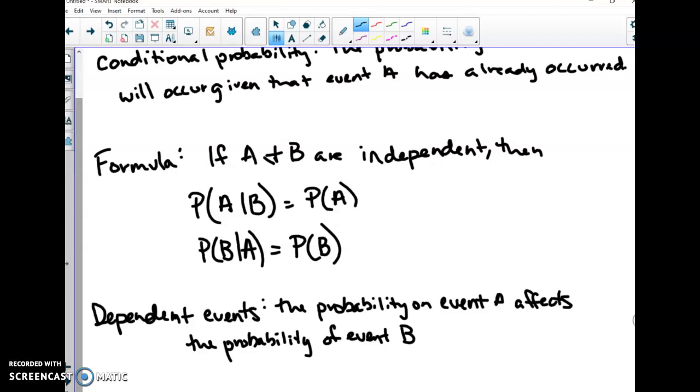It's no longer 52 cards that I'm selecting from, it's 51. So that does change a little bit for us.